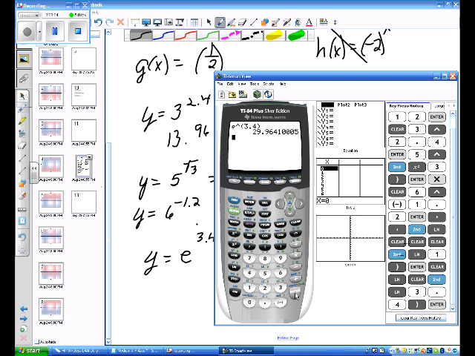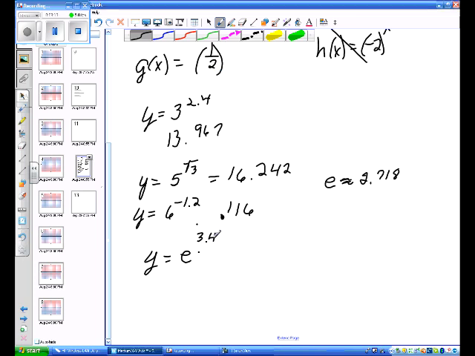And so that turns out to be 29.964, or 29 and 964 thousandths. So we should be able to evaluate exponents.